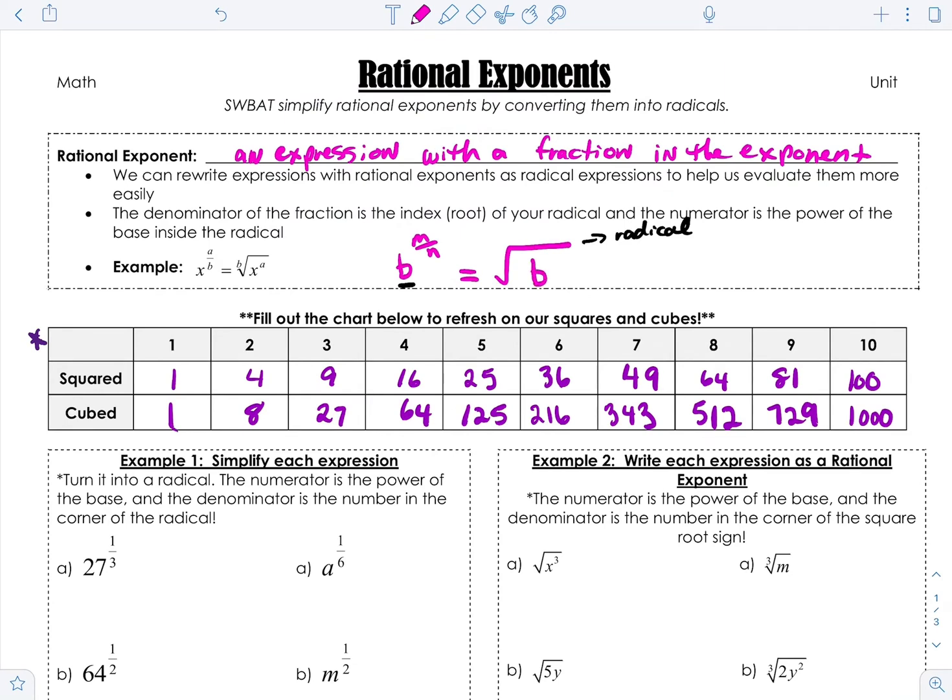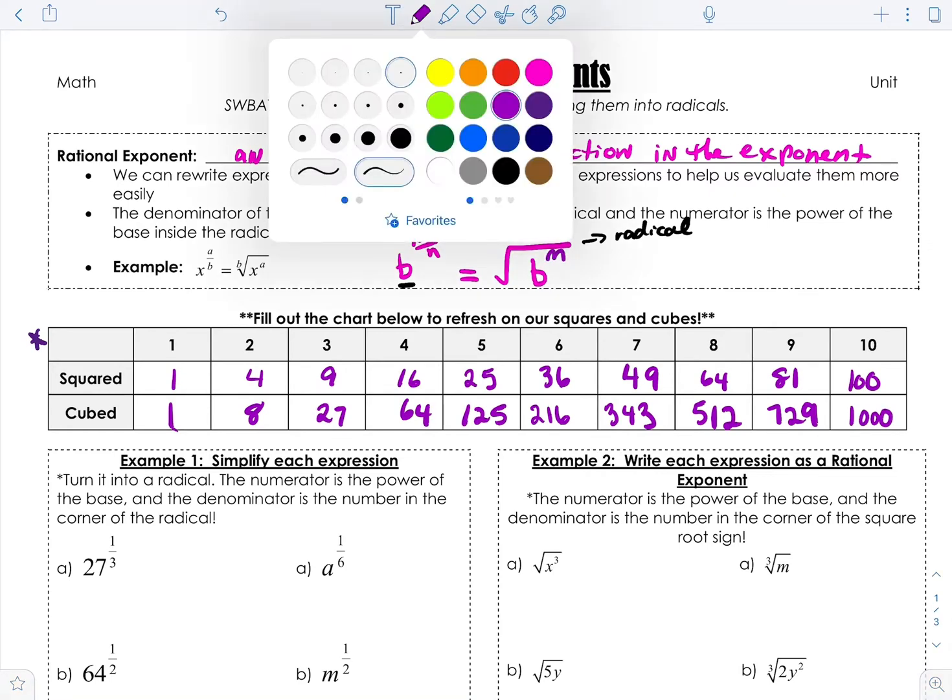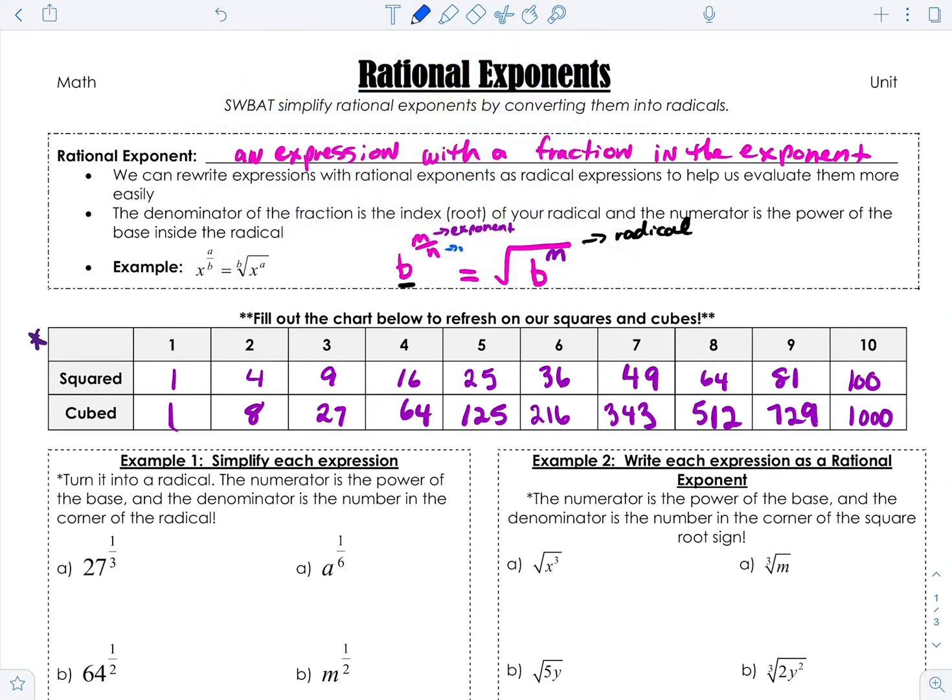Now that we have our base, our exponent is the numerator, so m. And our index is the denominator. This is the index, meaning the number that goes in this corner.